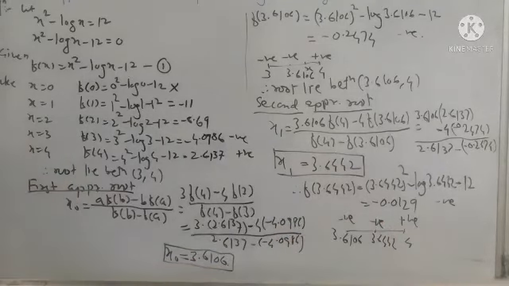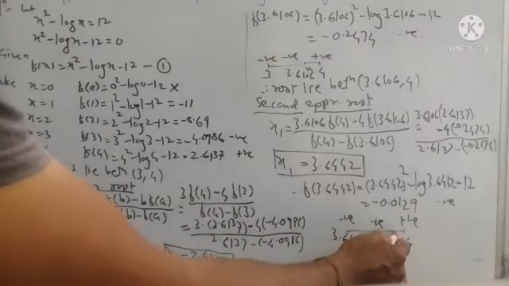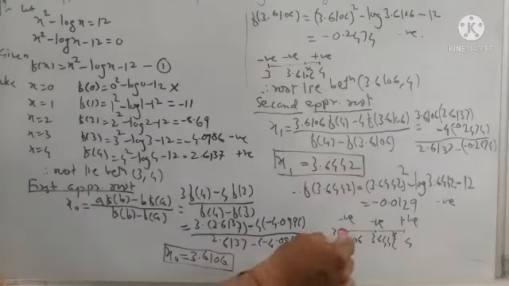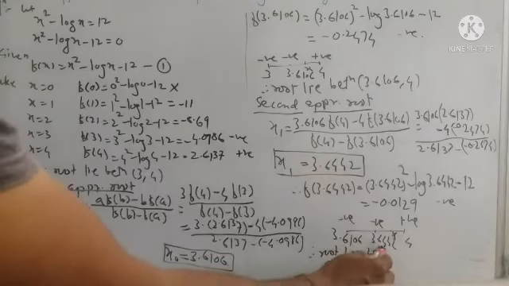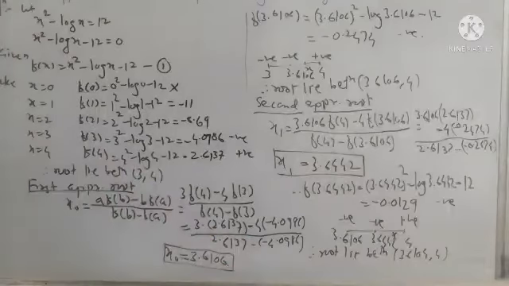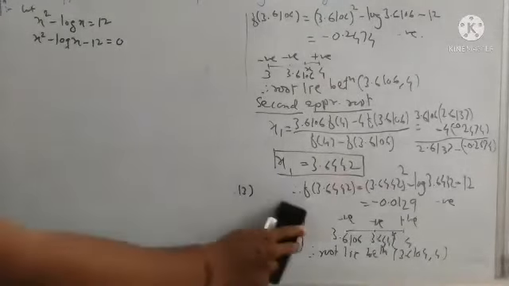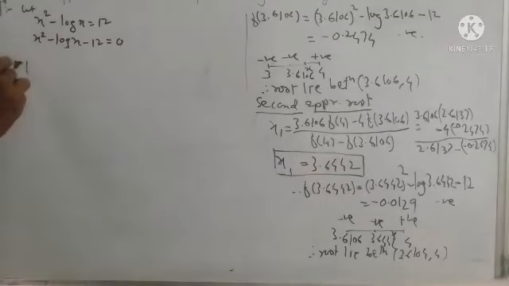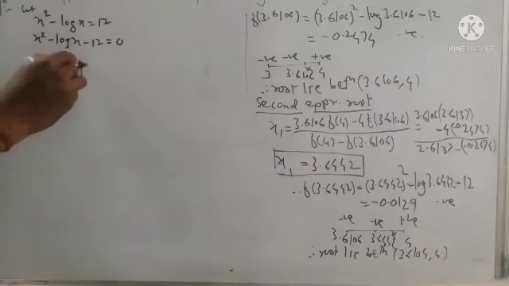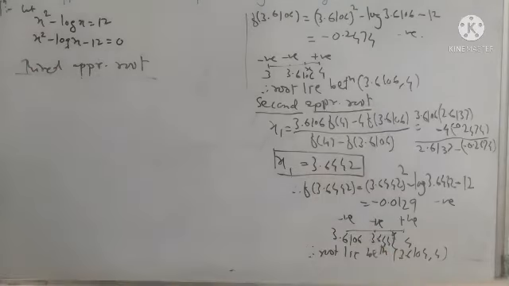So as you can observe, the sign of the function changes from negative to positive for 3.6442 to 4. So the root of this equation lies between these two values. Now using this interval we can evaluate the next approximate root, which is the third approximate root.